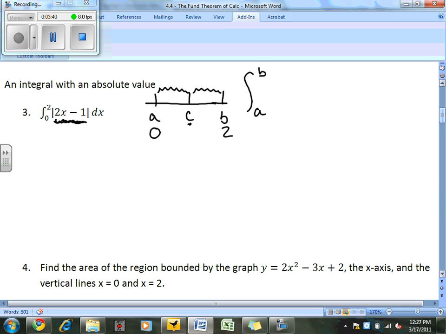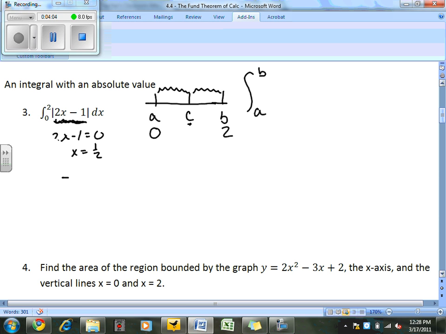Well, if 2x minus 1 equals 0, x equals 1/2. Would you agree that if I plug in anything less than 1/2, I'm going to get a negative? If I pick 0, I get negative 1. So we can rewrite this function. We can go from 0 to 1/2, and actually, I'll show it to you this way.